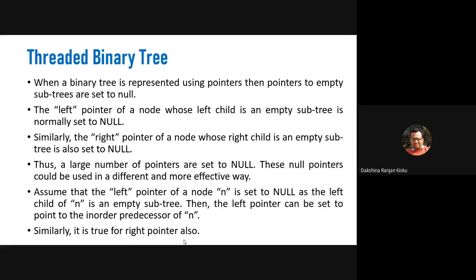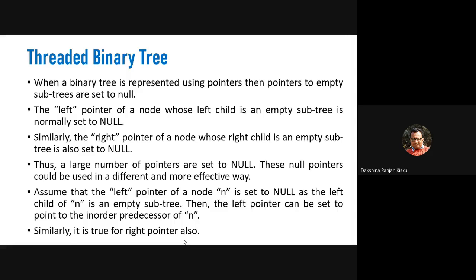The left pointer of a node whose left child is found to be an empty subtree is normally set to null. Similarly, the right pointer of a node whose right child is an empty subtree is also set to null. Therefore, a large number of pointers need to be set to null. So these null pointers could be used in different and more effective ways.